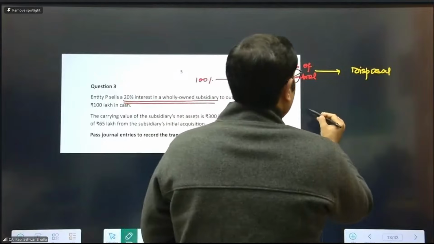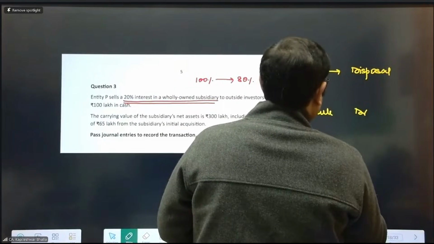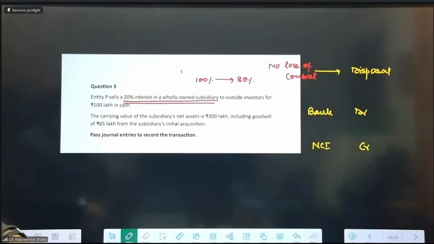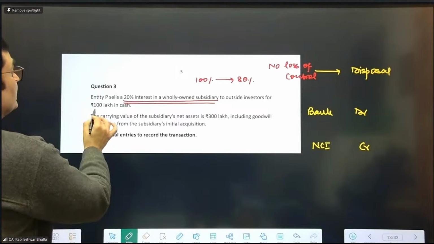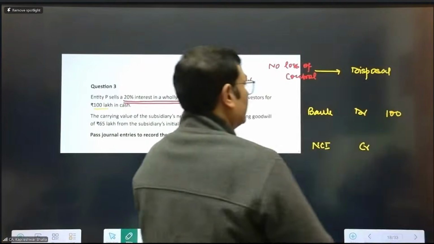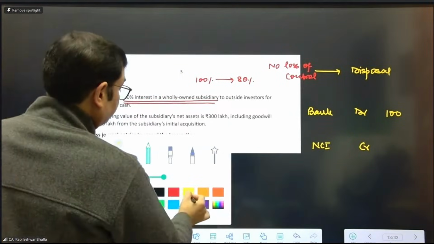So the entry in this case is bank gets a debit. NCI will increase, so NCI gets a credit, and the difference is going to be taken in terms of equity. As far as the bank is concerned, we sold the investment at 100 lakhs. Would you like to tell me what will be the amount of NCI in this case? 20.